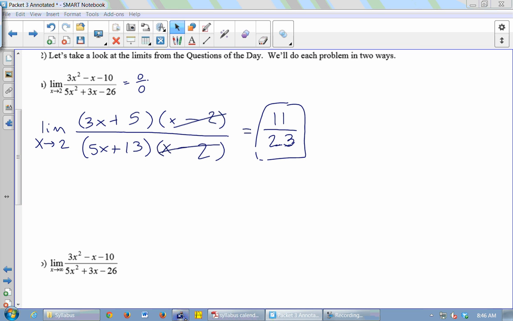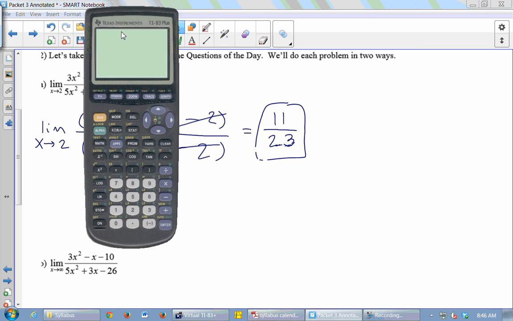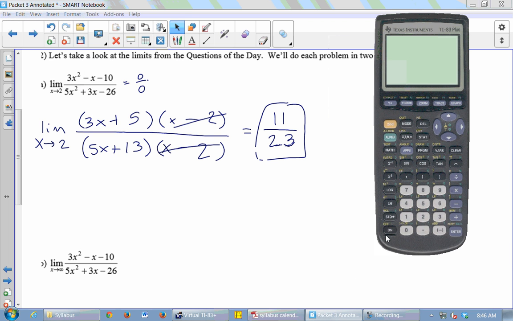I'm looking for the word numerically here. So in y equals, I'm going to put the function that I'm trying to take the limit of, 3x squared minus x minus 10 divided by 5x squared plus 3x minus 26.